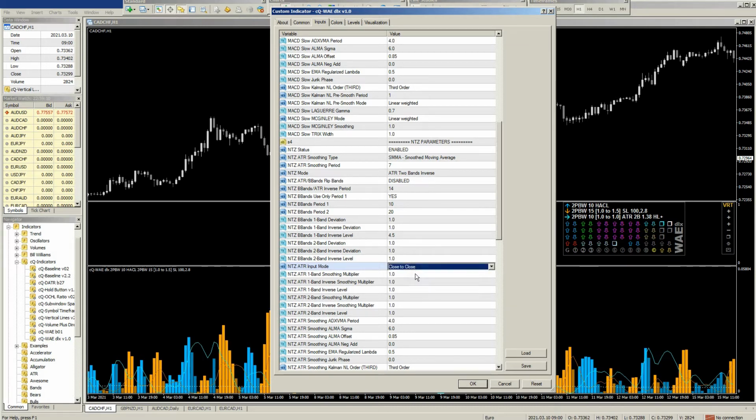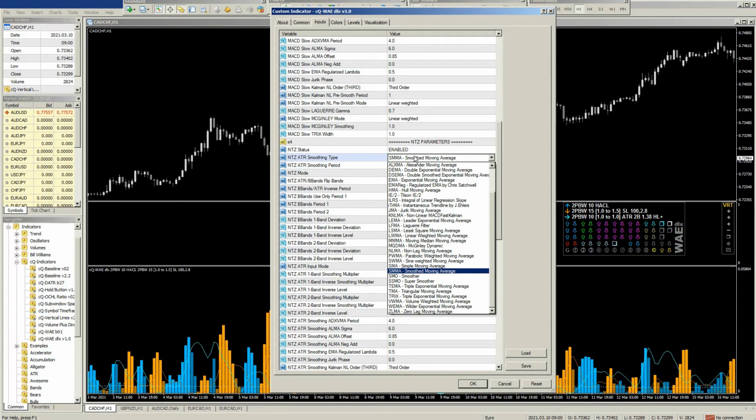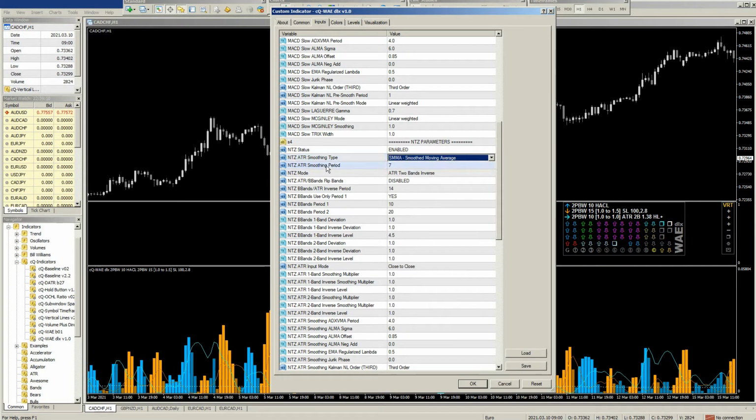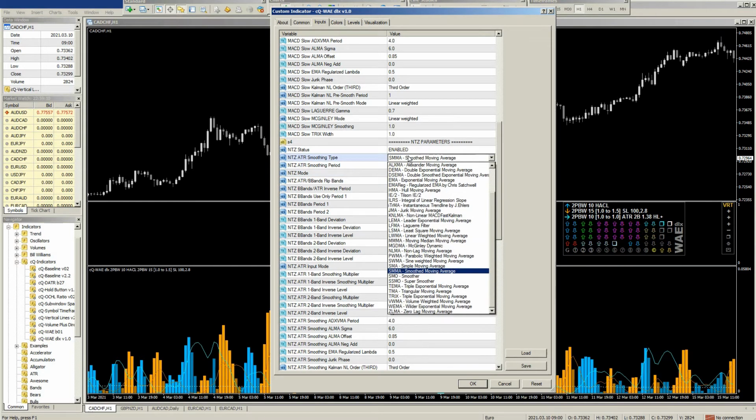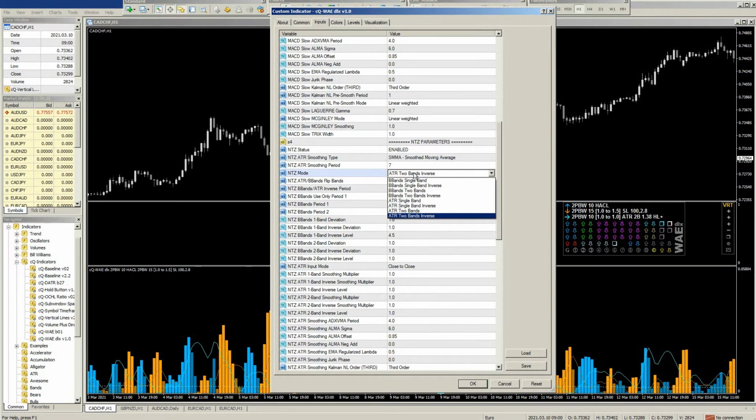And that's how it generates these values. Then it runs those through this moving average right here, whichever one you want to select at this period. That's actually for all these ATRs, it runs through this moving average, but the directional ATR is only applied to the 2-band ones. That's this thing here.